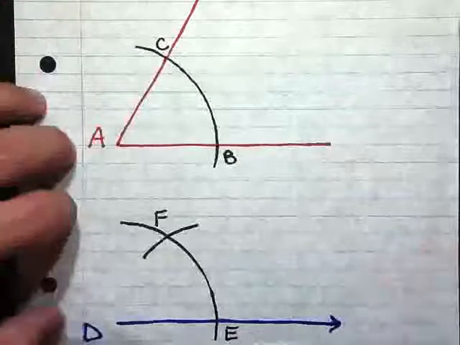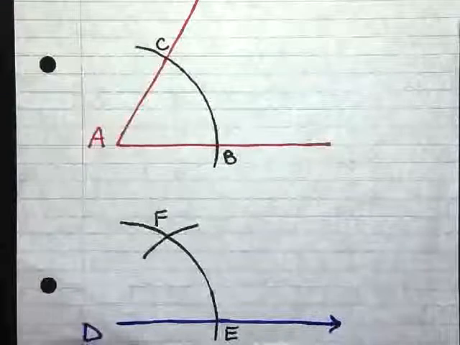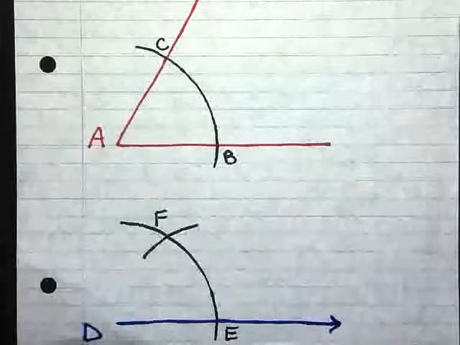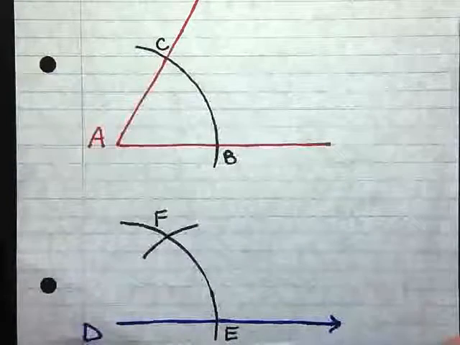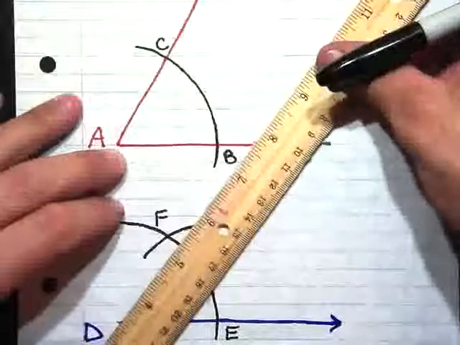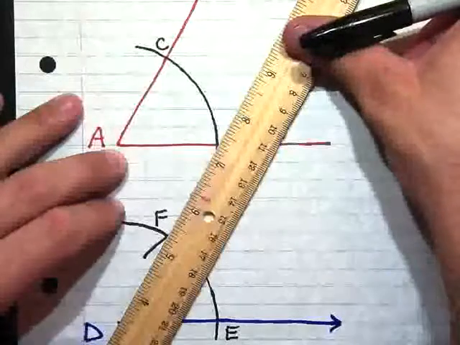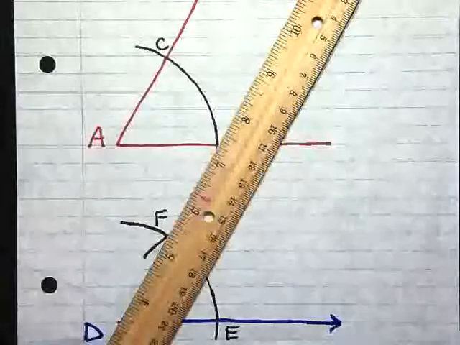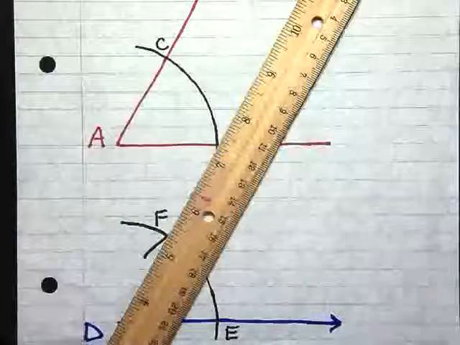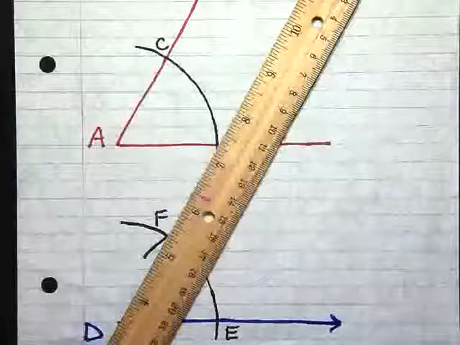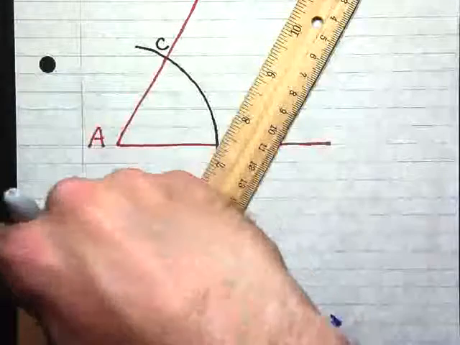Then all I want to do at this point is take my ruler and draw a line that runs from point D all the way through F. So there's point D, there's F, and I draw my line. I'm going to use a different color so you can see this a little better.